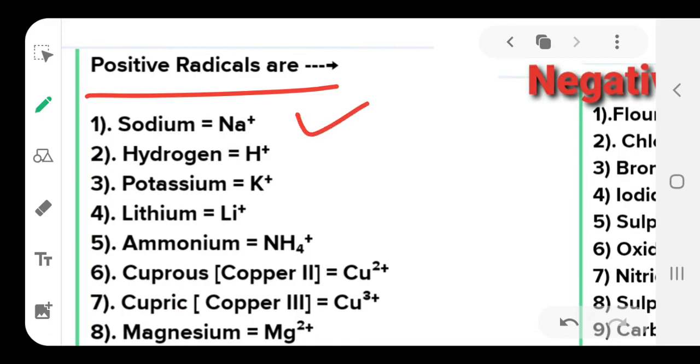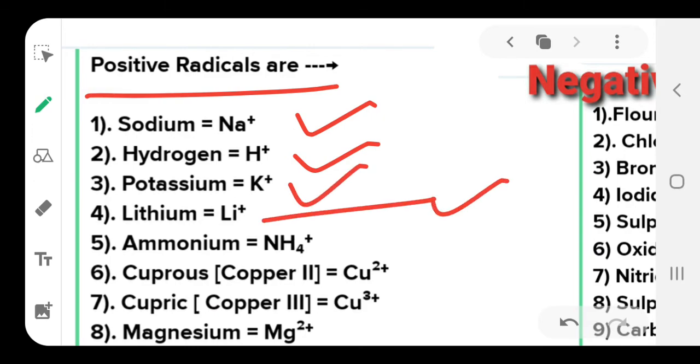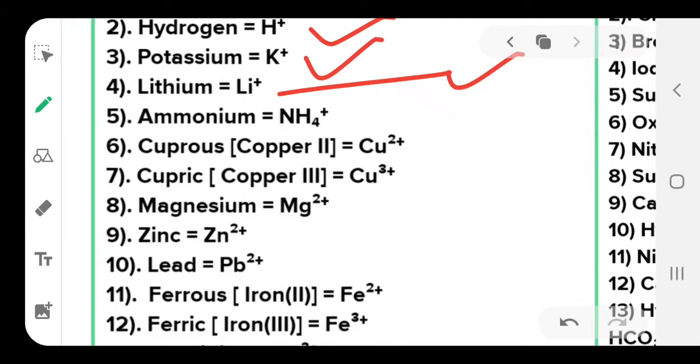Sodium is Na+1, hydrogen is H+1. Just copy it as it is shown on the screen. Potassium is K+1, lithium is Li+1, ammonium NH4+1, and go down the order like that.